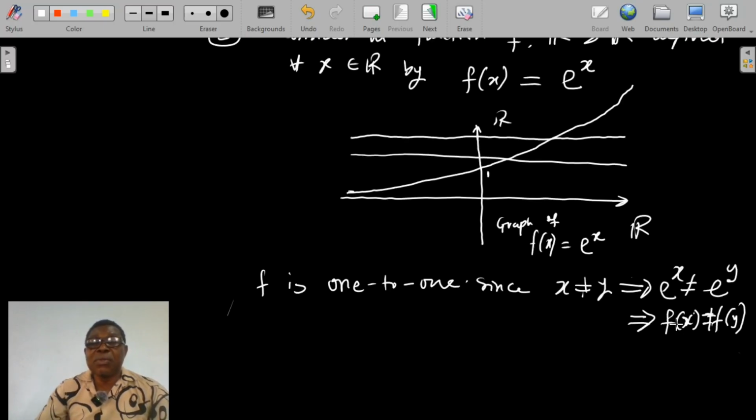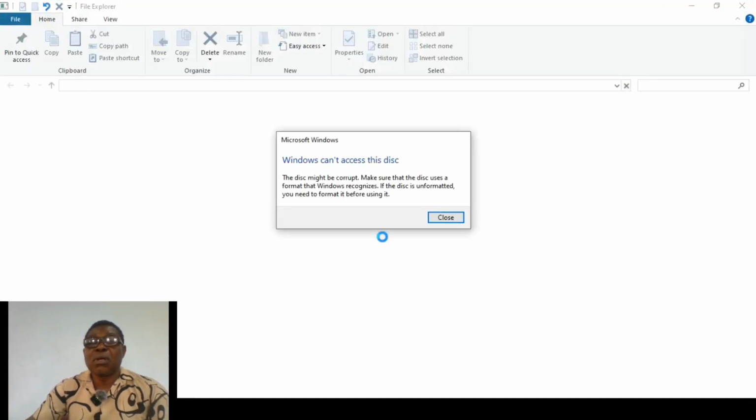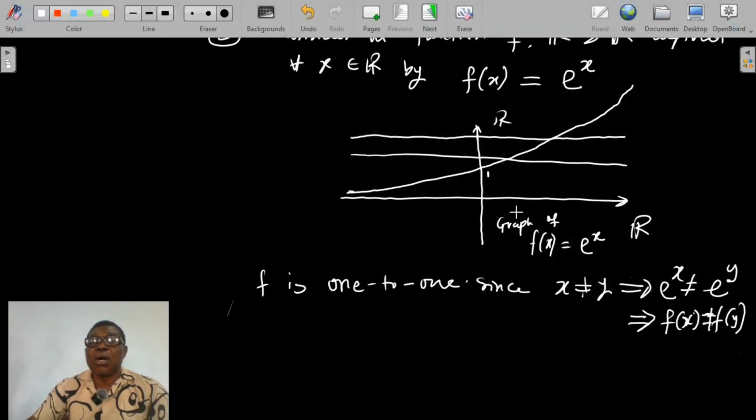But let us also observe that the function f is not onto. This is because if you look at a point, we can find a point here on the negative vertical axis, which has no point in R that is mapped to it. For instance, let's say we take the point minus 3.